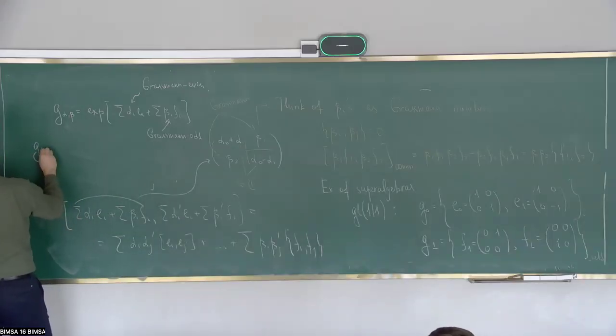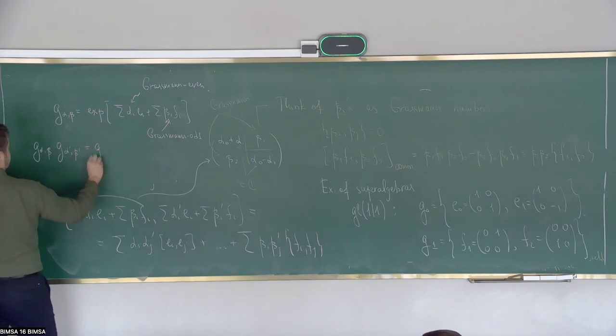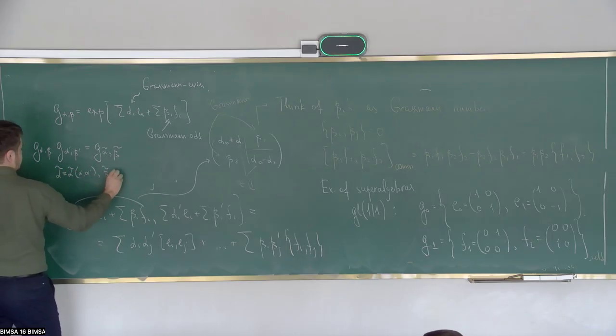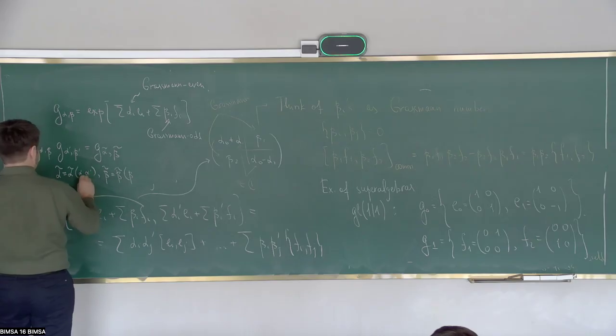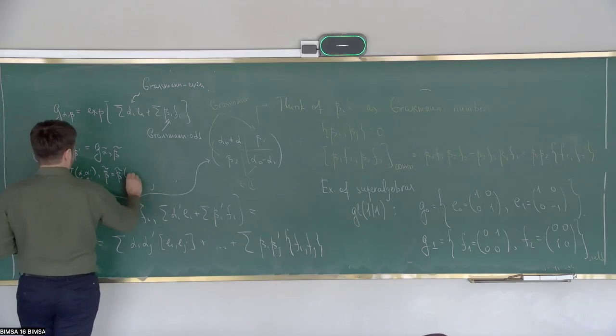So G(alpha, beta) times G(alpha', beta') will be G(alpha tilde, beta tilde), where alpha tilde and beta tilde are functions of alpha', beta', and so on.